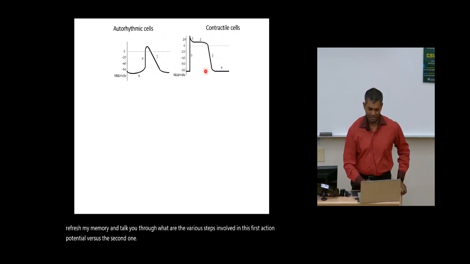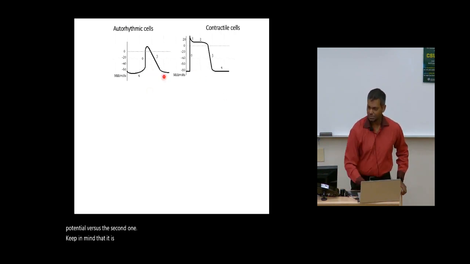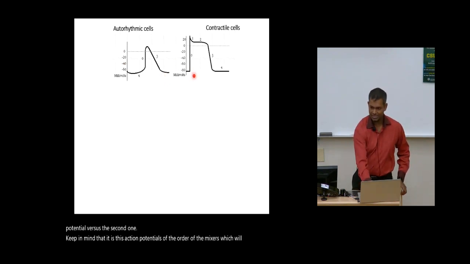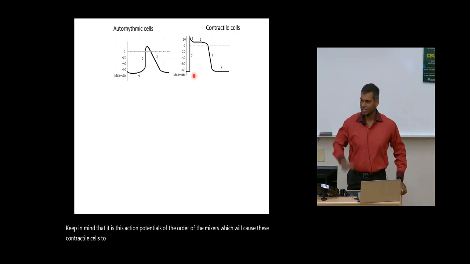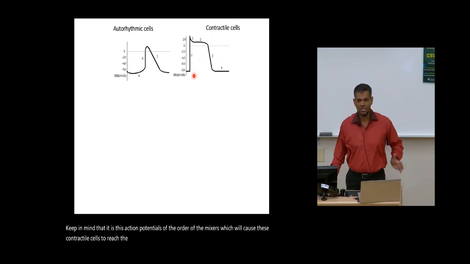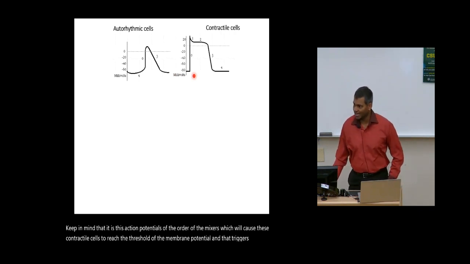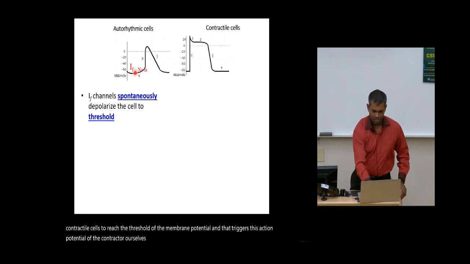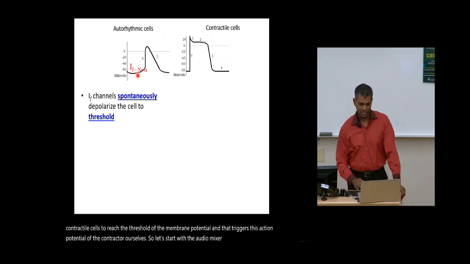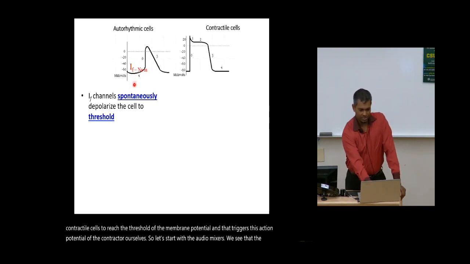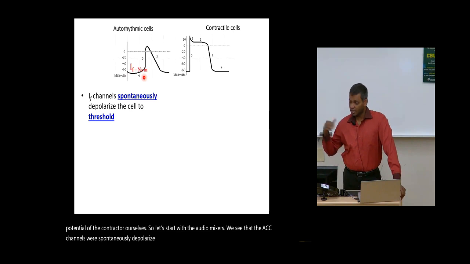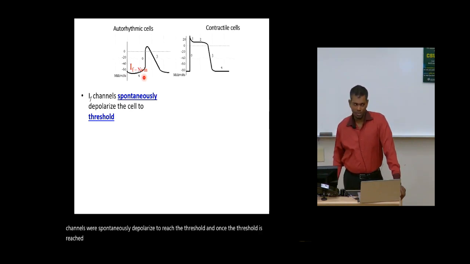Keep in mind that it is these action potentials of the autorhythmic cells which will cause these contractile cells to reach the threshold of the membrane potential, and that triggers this action potential of the contractile cells. So let's start with the autorhythmic cells. You see that the HCN channels will spontaneously depolarize to reach the threshold, and once the threshold is reached, what channels are opened?